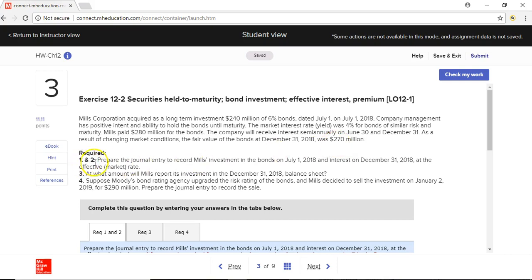Requirements 1 and 2 ask us to record the purchase of these bonds and the interest at the end of the year. Interest will depend on an amortization table, since this problem doesn't tell us they account for interest using the straight-line method.